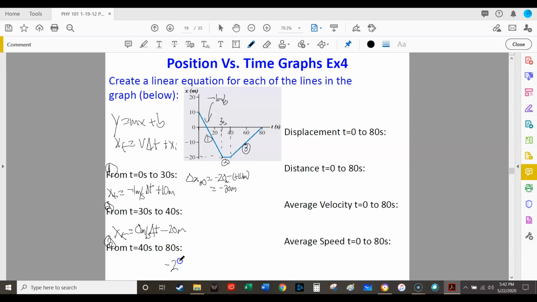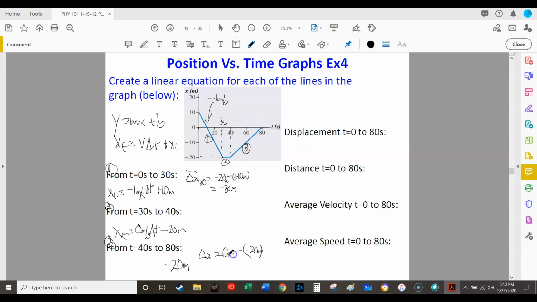In the final part, since it wasn't moving before, it starts out at negative 20 meters and it ends at 0 meters. So the displacement for this part is an initial position of negative 20 meters, and then it ends at the 0 meter mark.